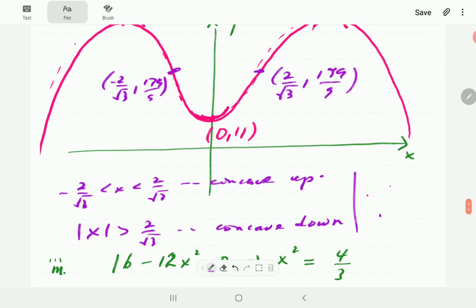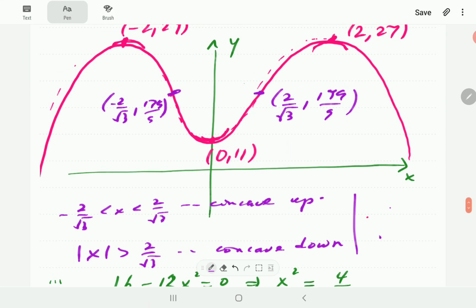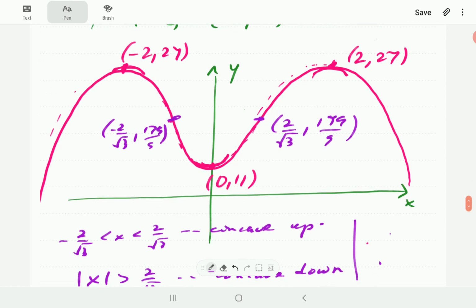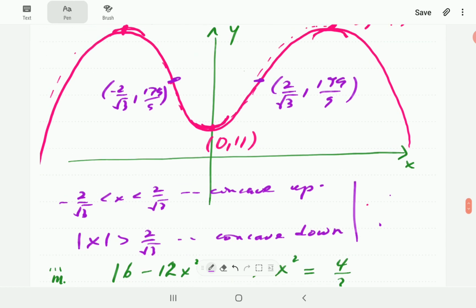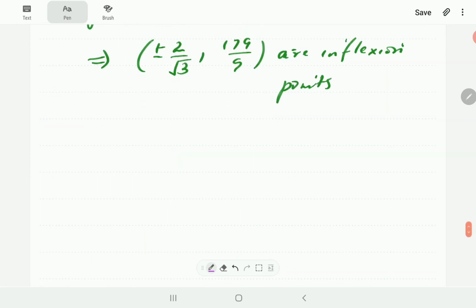Okay, then in terms of ranges of increase and decrease, those ones are divided by the stationary points. So on the left hand side of negative 2, which is here, the graph is increasing, and between 0 and 2 the graph is increasing.